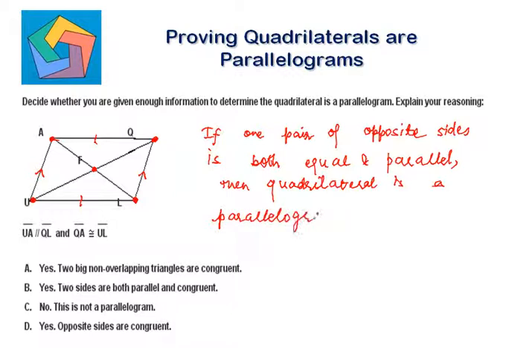Otherwise, it's not a parallelogram. Here, one pair is parallel and one pair is equal. So the same pair has to be equal and parallel. So this is not a parallelogram. So our answer will be C. No, this is not a parallelogram. Next problem.